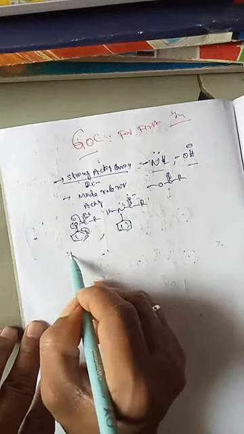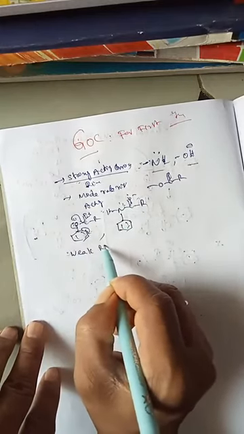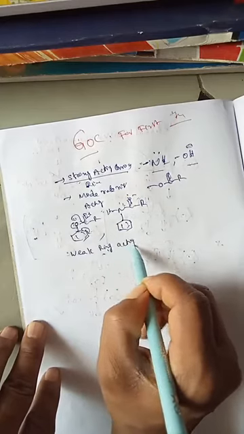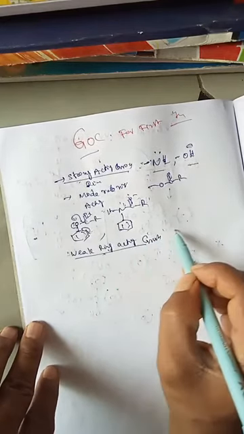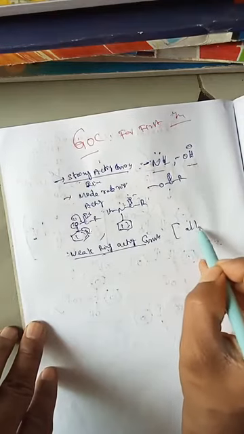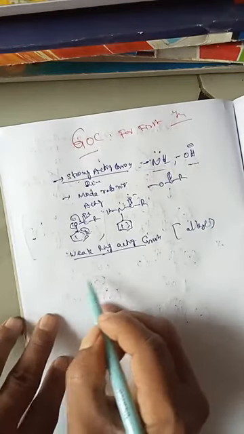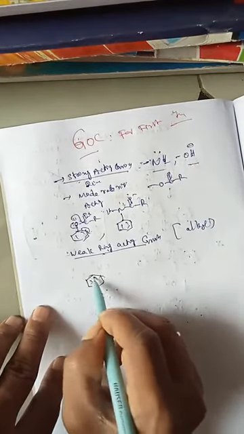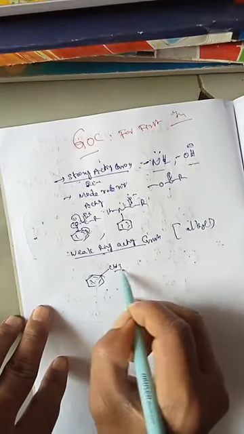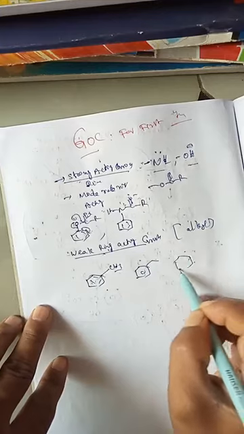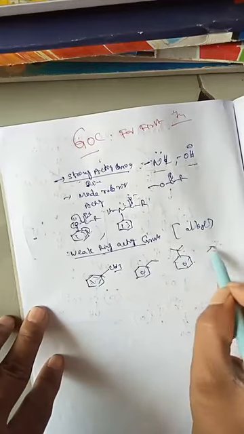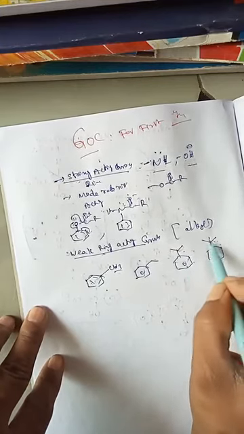Another one is the weak ring activating groups. What are the weak ring activating groups? Alkyl groups. For example, on the benzene ring there is methyl, ethyl, isopropyl, and butyl.